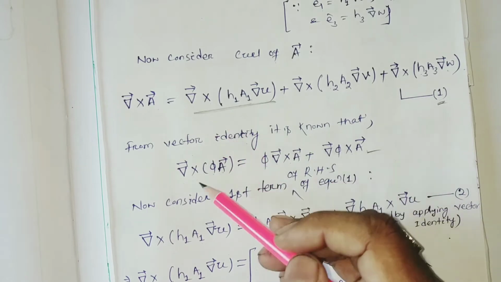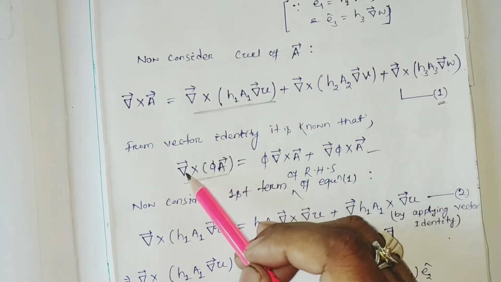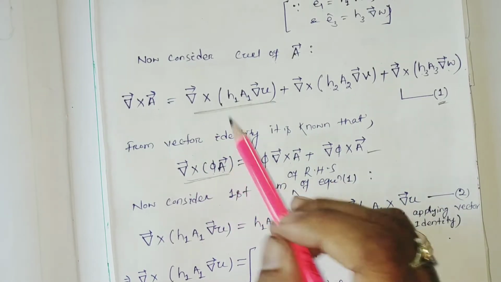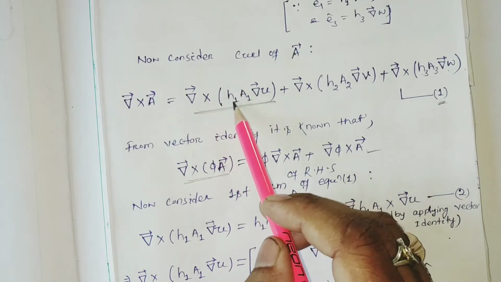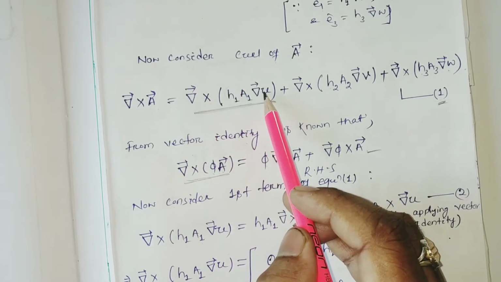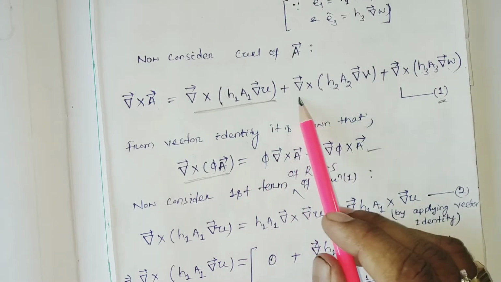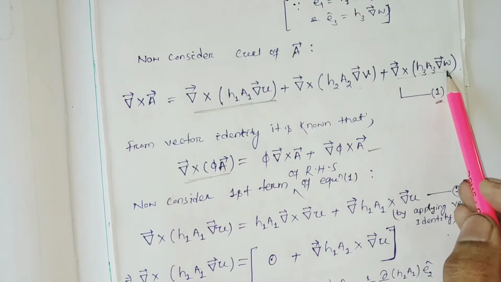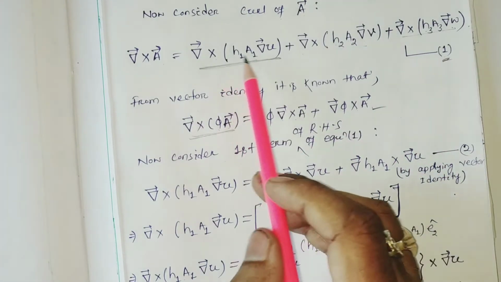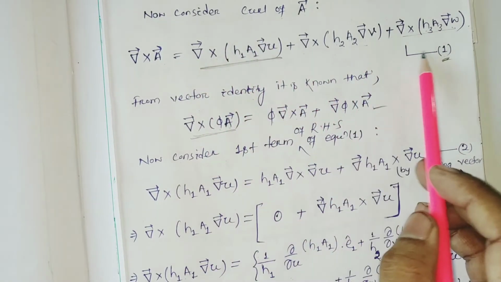Here it is del cross of one scalar and one vector: h1 A1 is the scalar and del u is a vector. This term has the same format, and so do the others. First we have to consider the first term of equation number 1.